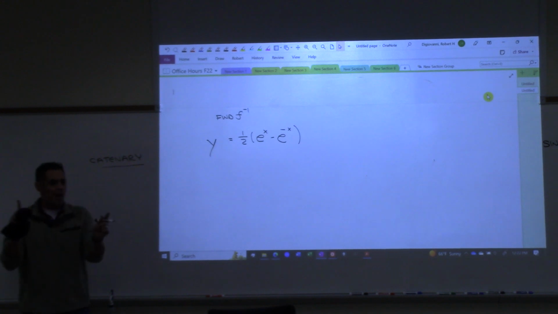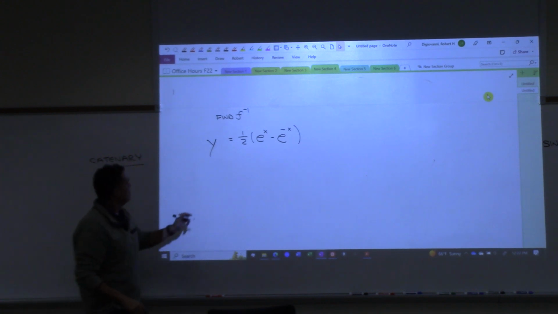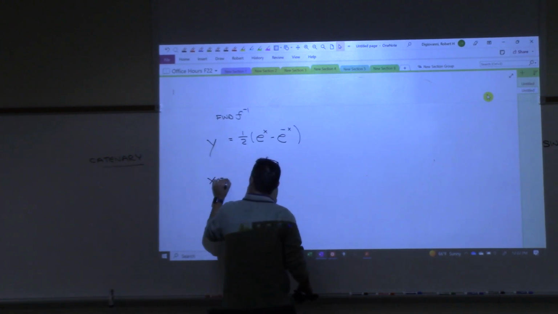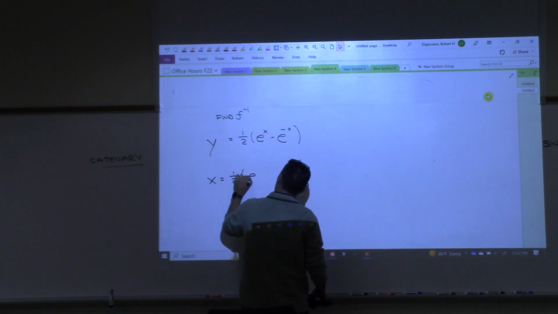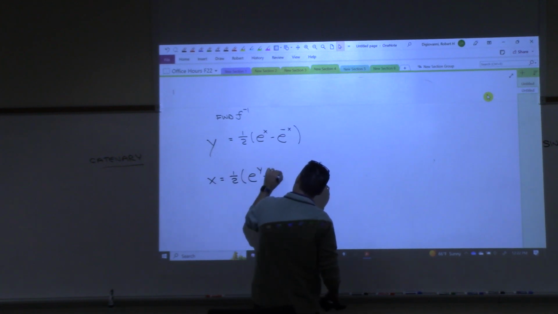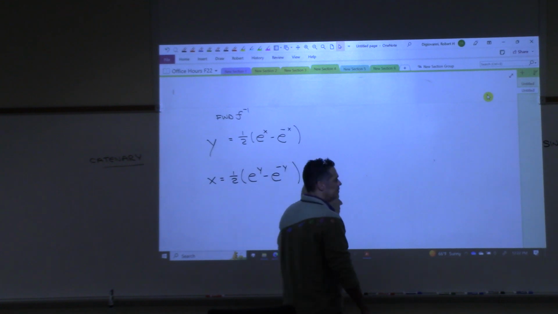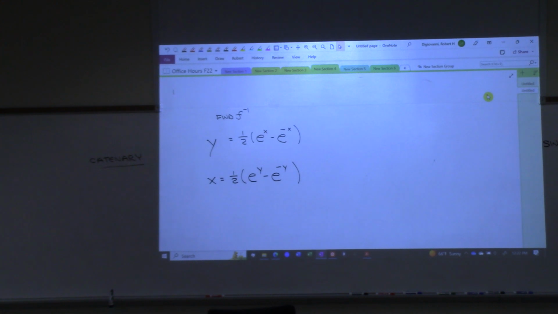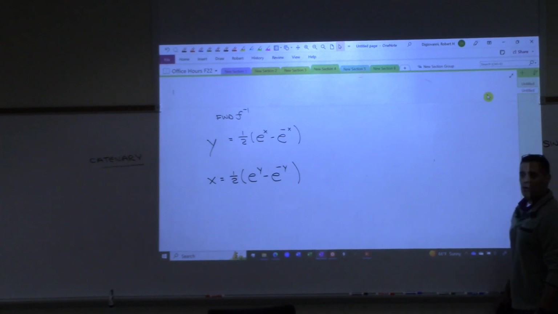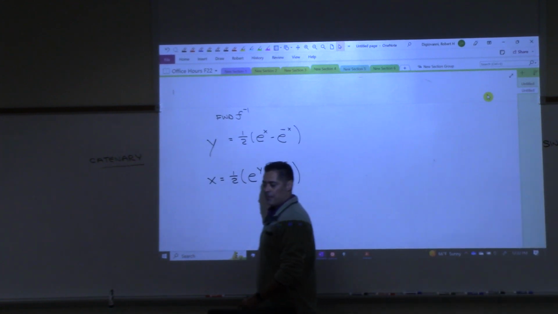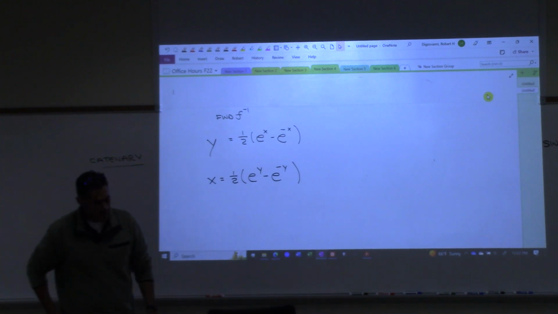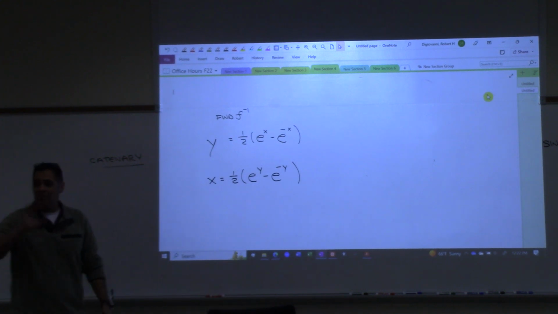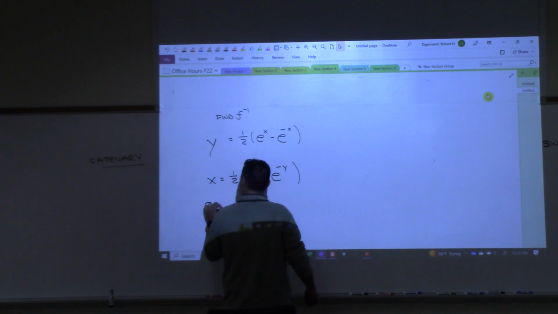Replace all x's with y's, all y's with x's. x equals 1/2 (e^y minus e^(-y)). So that's where the natural log comes in. Well, we know there's going to be a log, right? It's just when. So now the goal is to solve for y. Multiply by 2. Let's do that first.